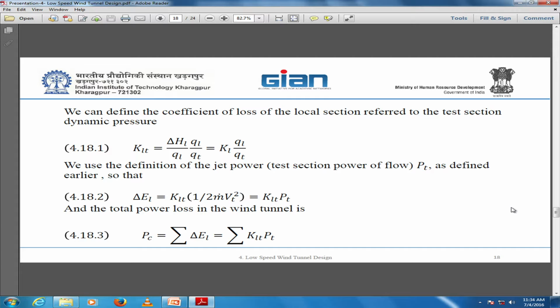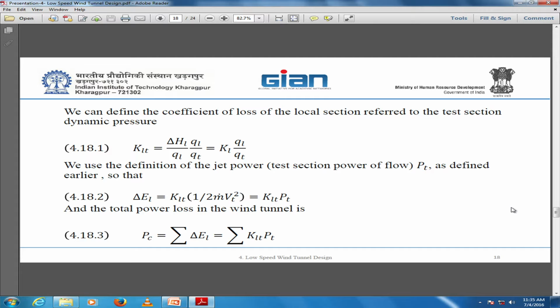No. The numerator is the loss across that section, expressed in dynamic pressure terms, but it's the loss of the total pressure. Okay.